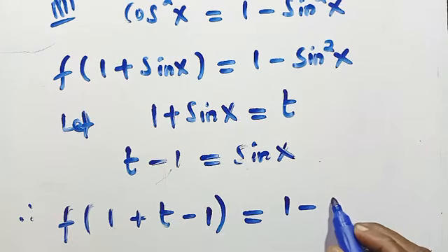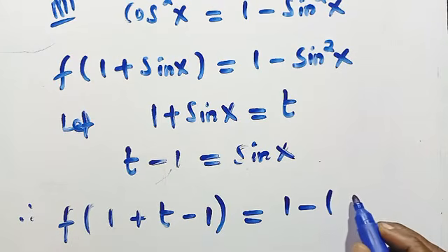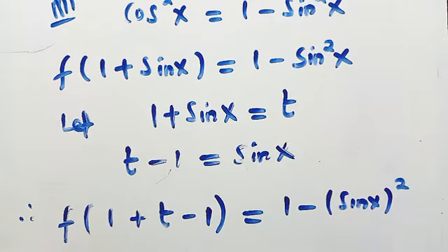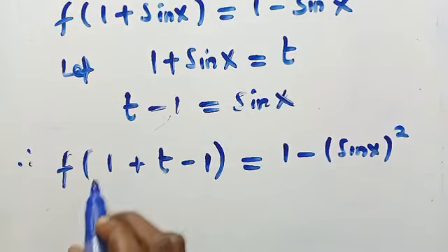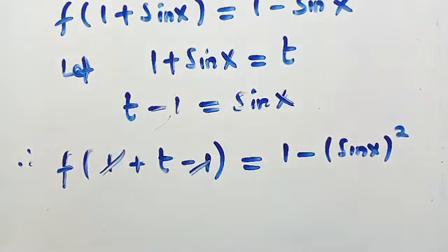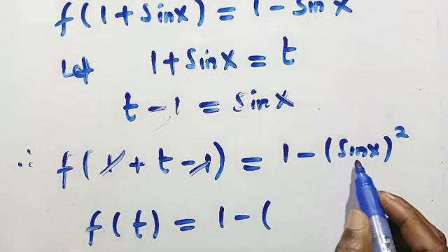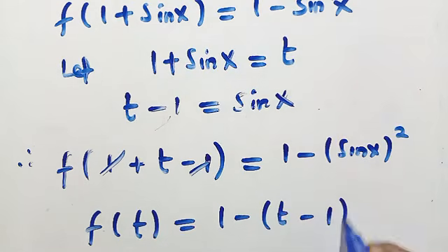We can write sine² as sine x raised to the power of 2, but we have to replace sine x with t minus 1. Here 1 minus 1 cancels, and we have f of t equals 1 minus t minus 1 raised to the power of 2.